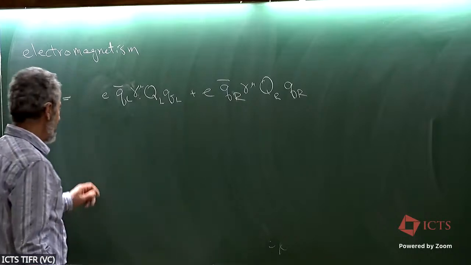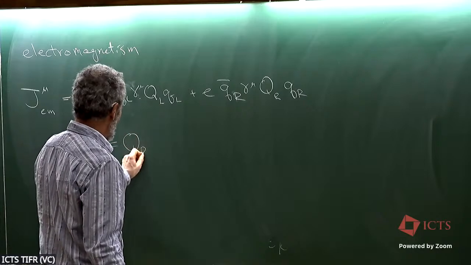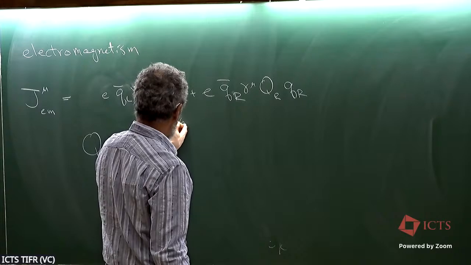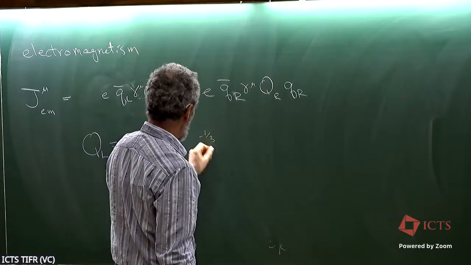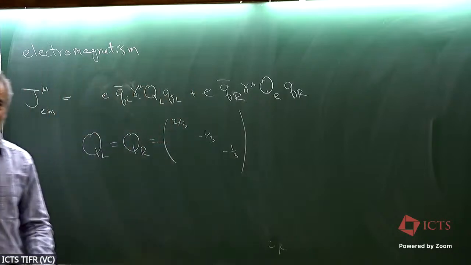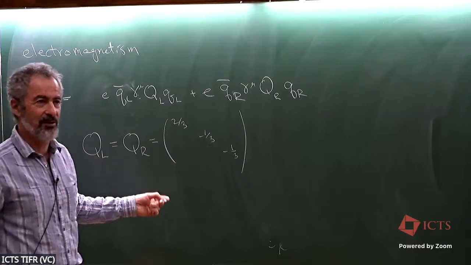For electromagnetism, we have a vector-like symmetry, which means these are the same: charge 2/3 for the up quark, minus 1/3 for the down quark, minus 1/3 for the strange quark. And by a fluke, this happens to be traceless, so it actually is contained in SU(3). This is a linear combination of isospin and hypercharge.